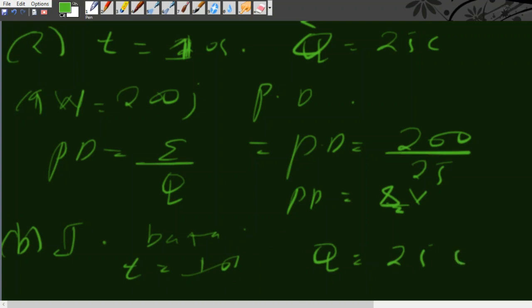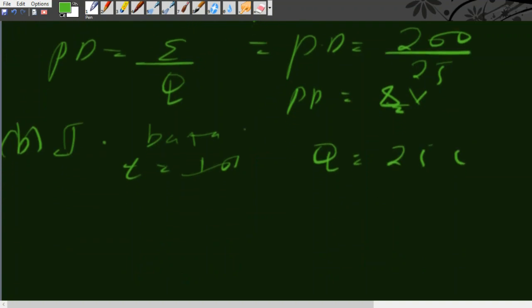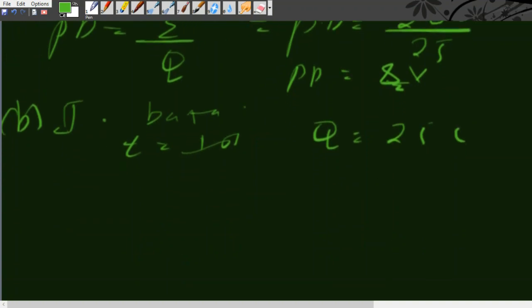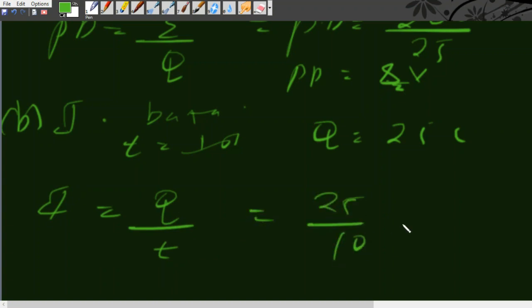That means we can calculate current with this information. Current is equal to charge divided by time, so 25 divided by 10, and current is going to be 2.5 amps. So that's the current, and that's the potential difference. Where you have questions, you can ask in the group.